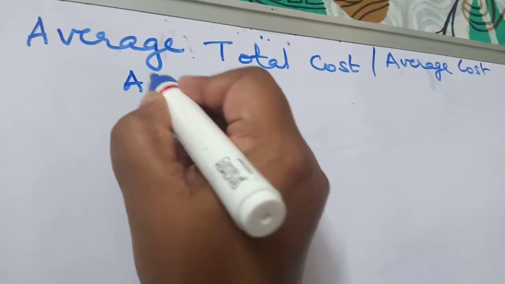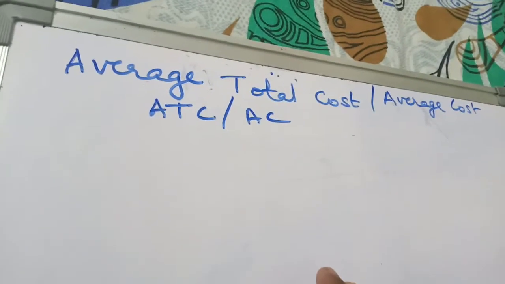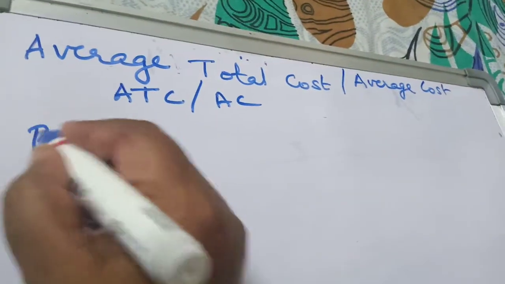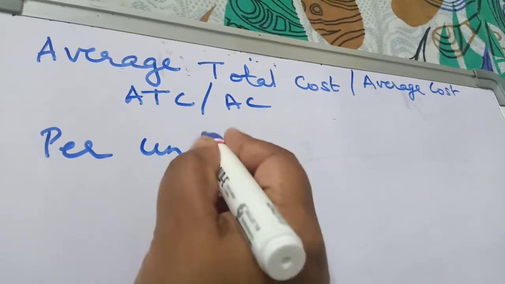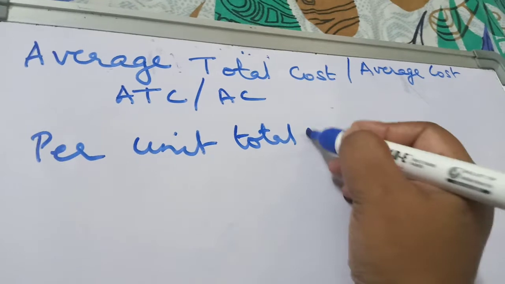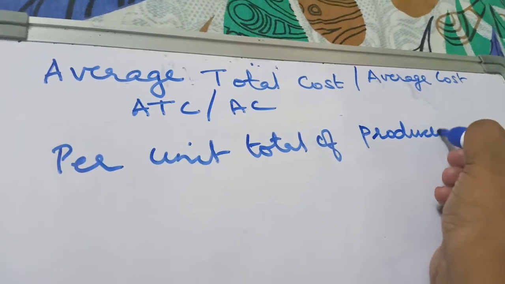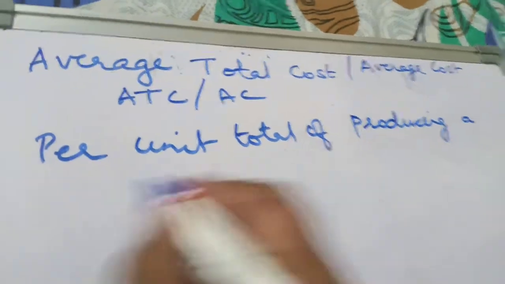It can be written like this or this. AC means the same thing. So it is the per unit total cost of producing a commodity.